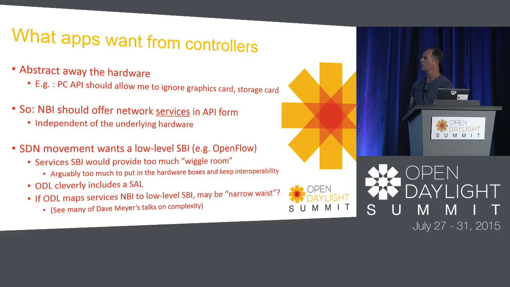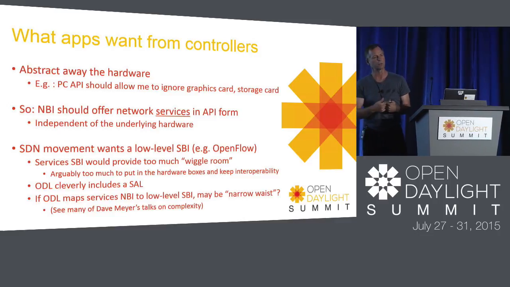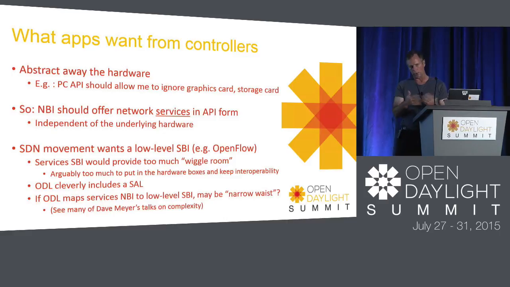Let me take another step. What do applications want from controllers? What applications want is for the controller to abstract away the hardware. The idea that we'll have a services abstraction layer is exactly what applications need. It's not that they want to control individual devices. The northbound interface should offer services, exactly like the SAL does.